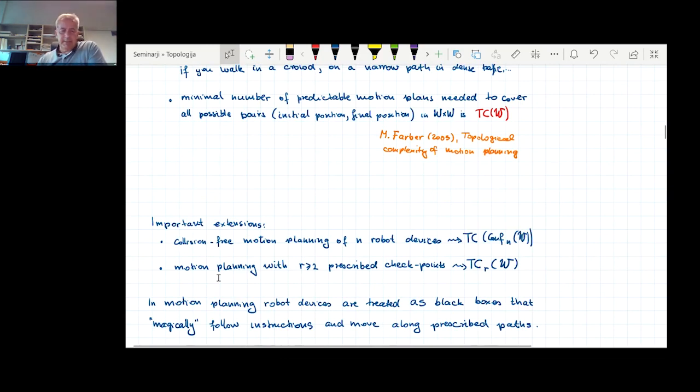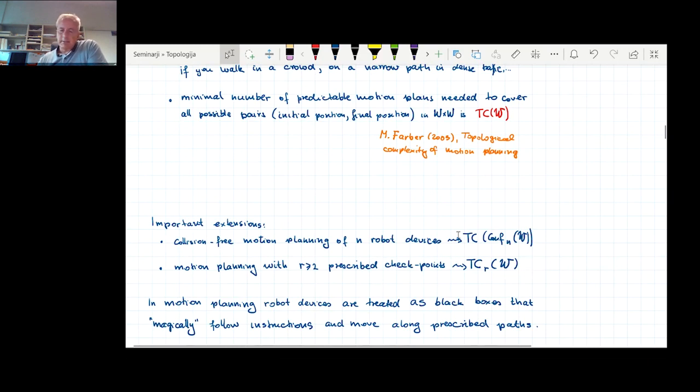Then another thing is if you want to plan motion, but you have a number of prescribed checkpoints, or intermediate points, this is called higher topological complexity.